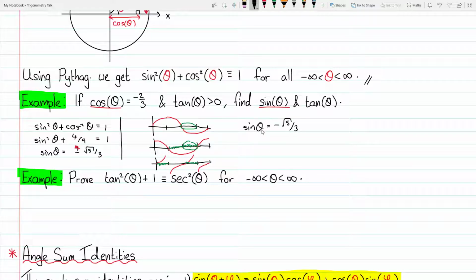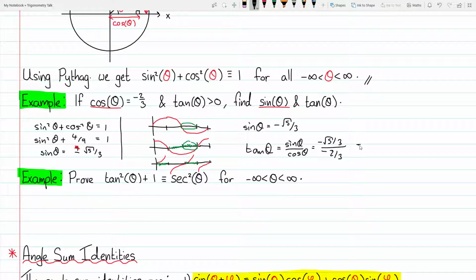And since we know what sine and cosine are, well, the tangent of this angle, it's been a while since I've written with a mouse, so my handwriting's terrible. But this is just sine divided by cosine. And this is simply negative the square root of 5 over 3 divided by negative 2 over 3.